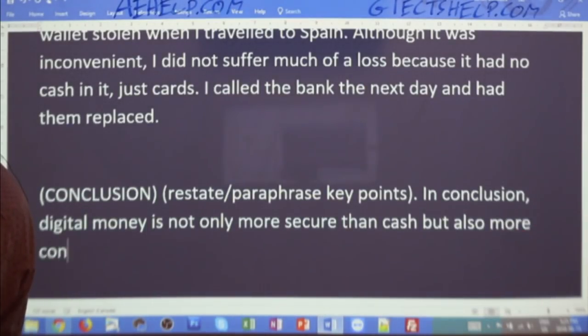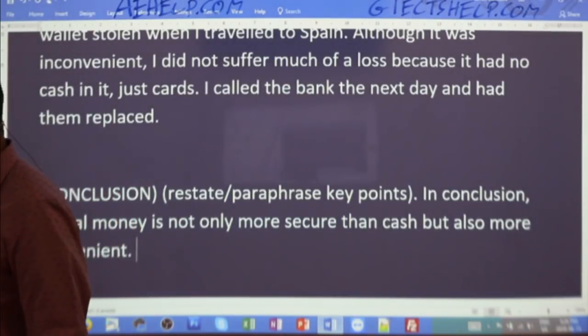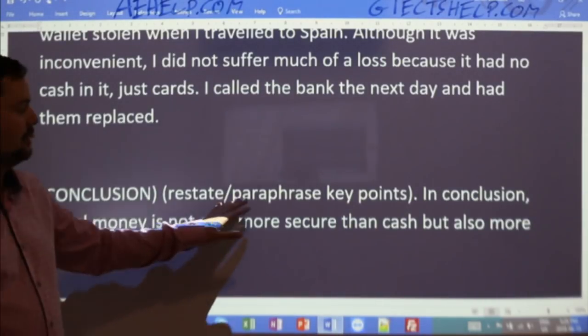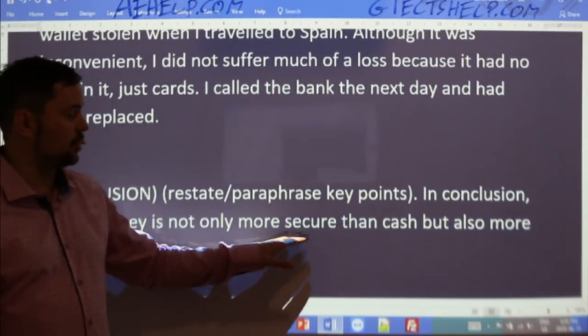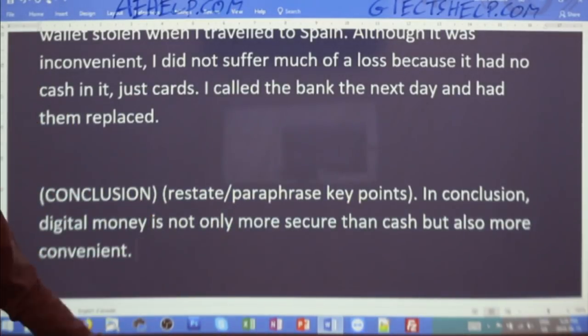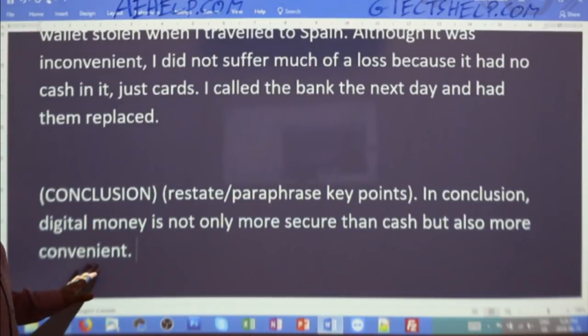more convenient. Okay. Could I say convenient another way? So here I'm restating, I'm paraphrasing my key points. In conclusion, digital money is not only more secure, so instead of safe, I'm saying more secure to paraphrase that key point than cash, but also more convenient.